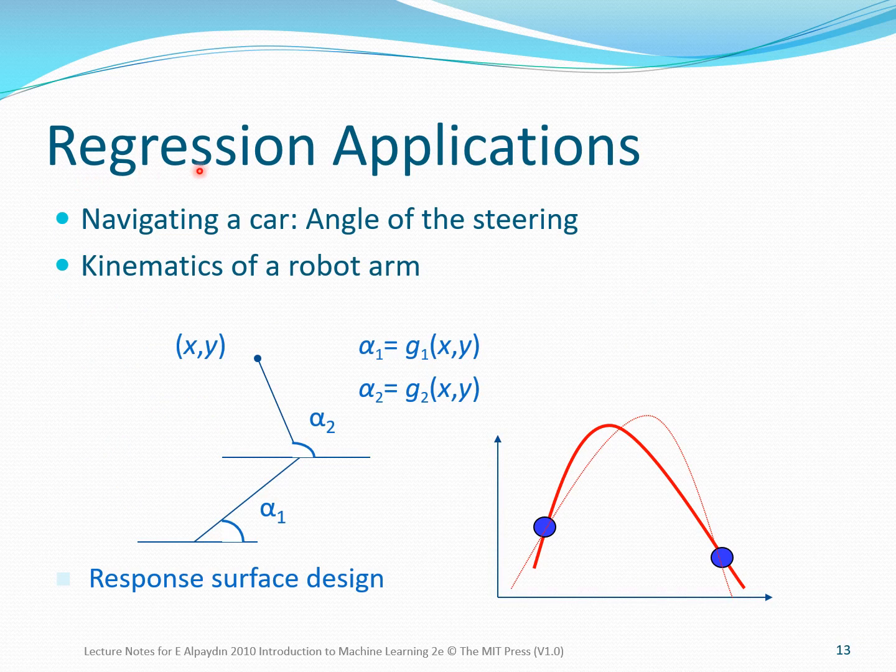Another example of regression is navigating a car where the output is the angle by which the steering wheel should be turned at each time to advance without hitting obstacles and deviating from the route. Inputs in such cases are provided by sensors on the cars, for example, a video camera, GPS, and so on.